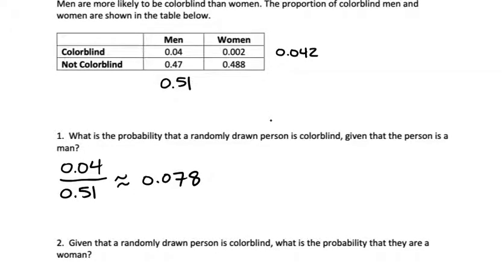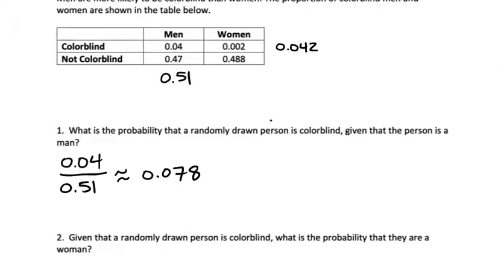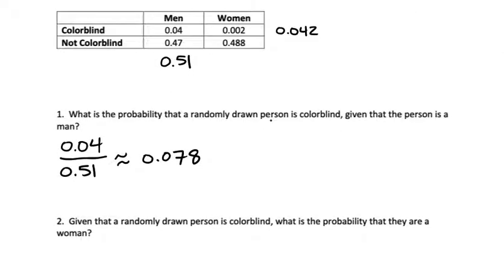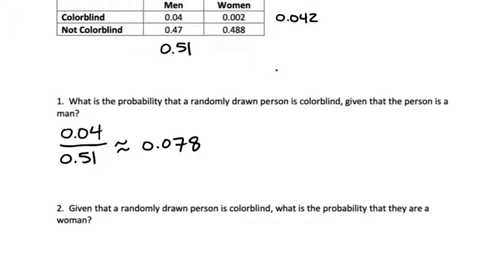And then the question is asking, what is the probability that they are a woman? The total women would be the 0.002. So 0.002 are women who are colorblind divided by the total who are colorblind, 0.042, and that gives me 0.048.